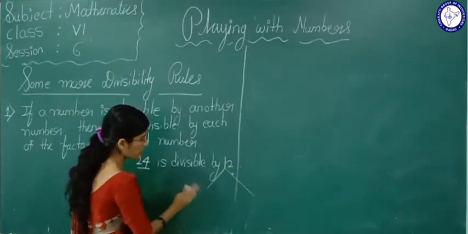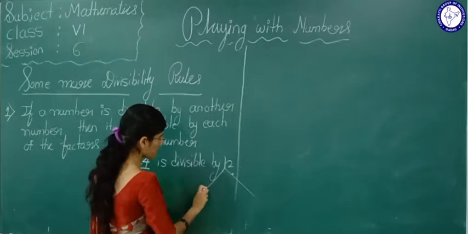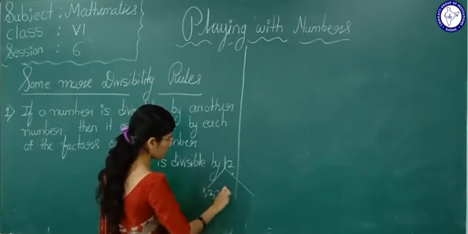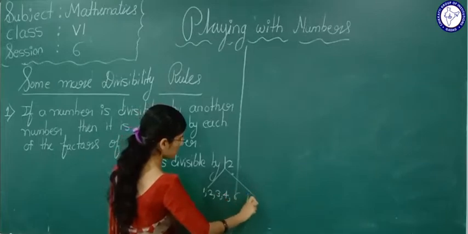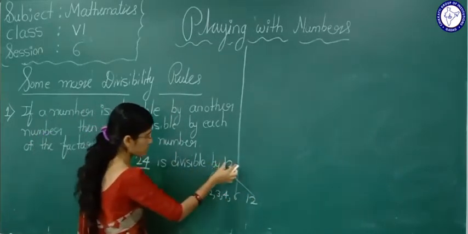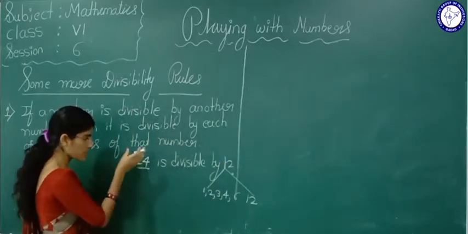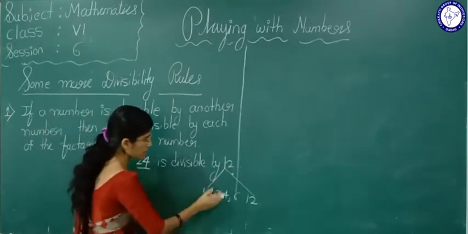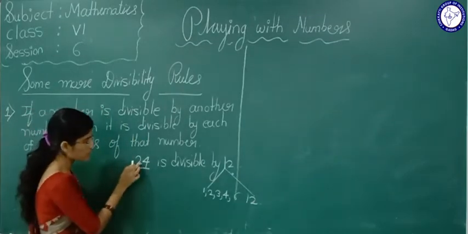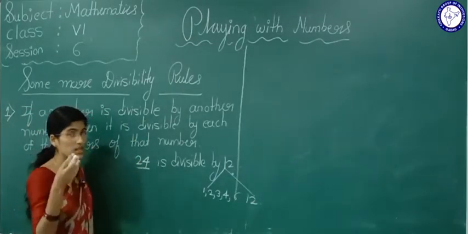So what are the factors of 12? That is 1, 2, 3, 4, 6, 12. If 24 is divisible by 12, then the same 24 is divisible by the factors of 12 also. When you divide 24 by 1, you are going to get the remainder 0.